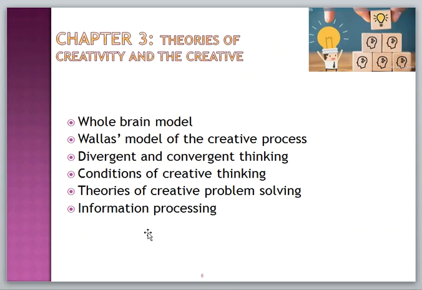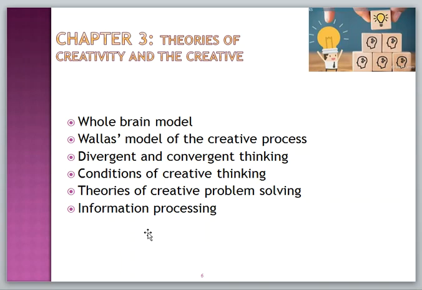Chapter 3 we will have different theories of creativity and creative thinking. The whole brain model, that our brain has 2 halves. One is emotional and the other one is logical.